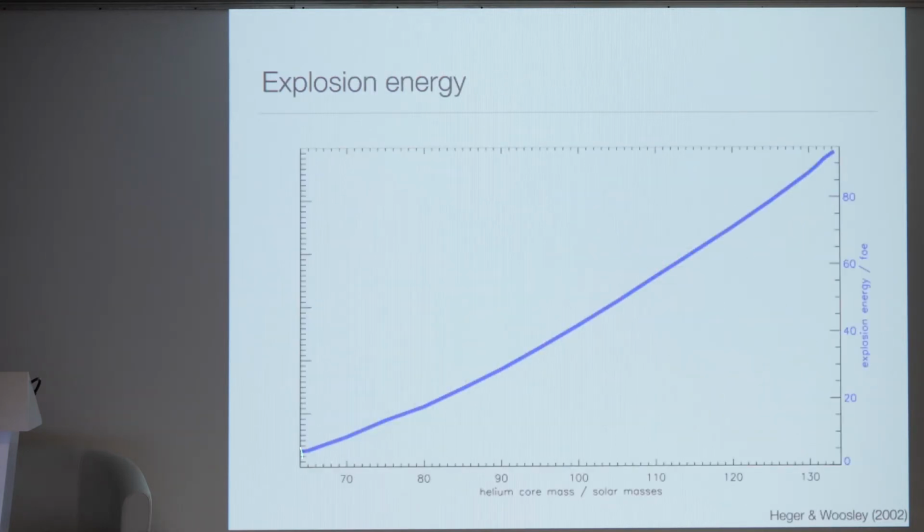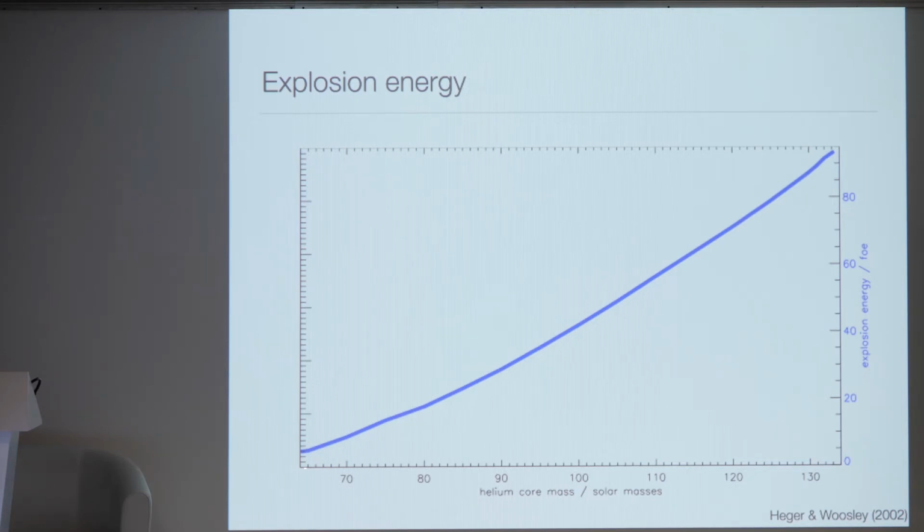So this is on helium core masses, but this end corresponds to 150 solar masses, and the other end corresponds to 250 solar masses. So it's a different way to show this property.